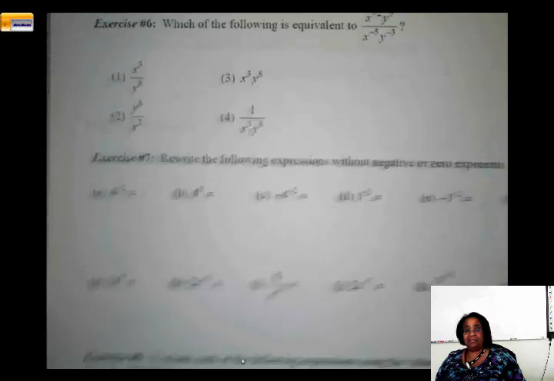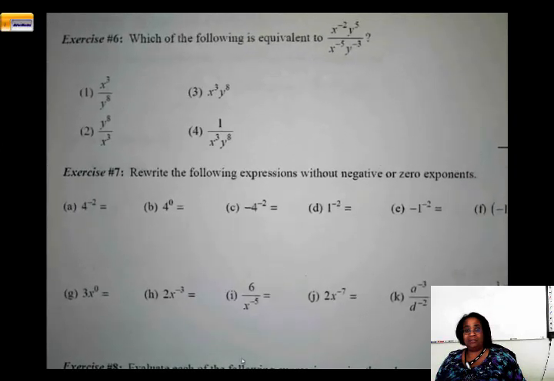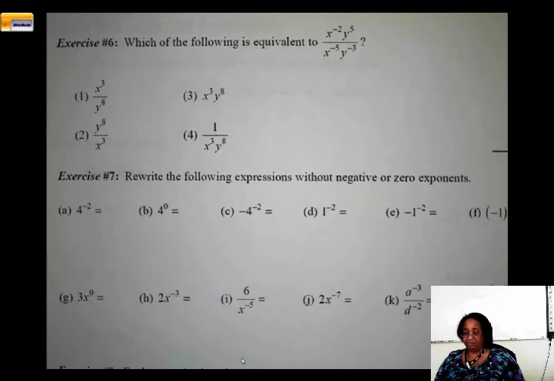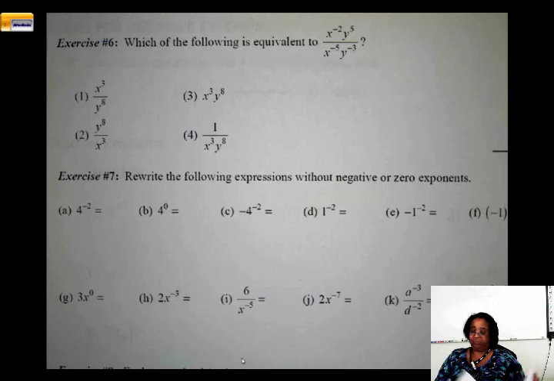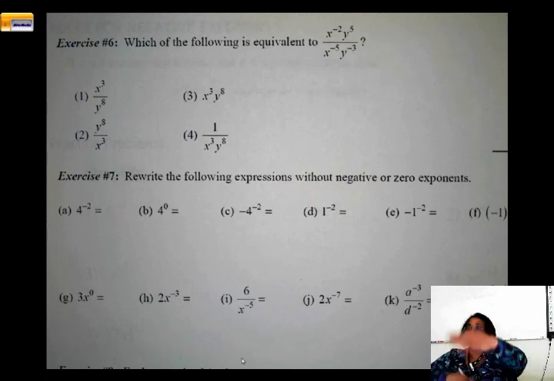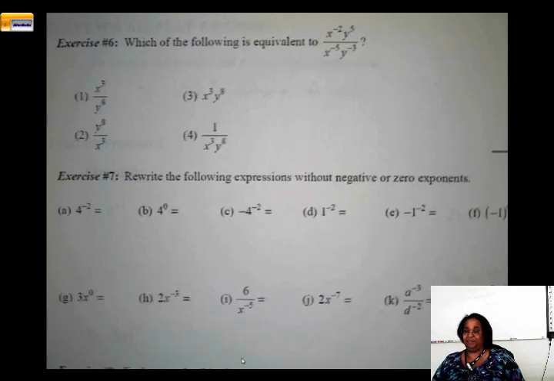On exercise 6, this is something that you might see on the compass test. I want you guys to take a minute and tell me what the simplified expression would be for exercise 6 once I flip everything that's negative. And remember, you only flip the negative ones.